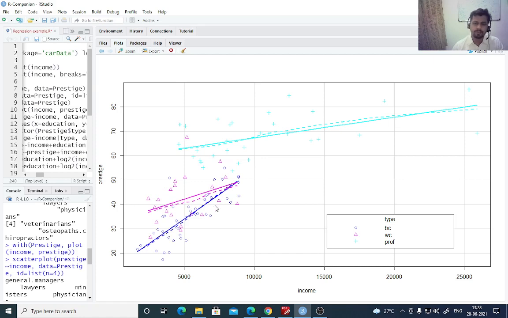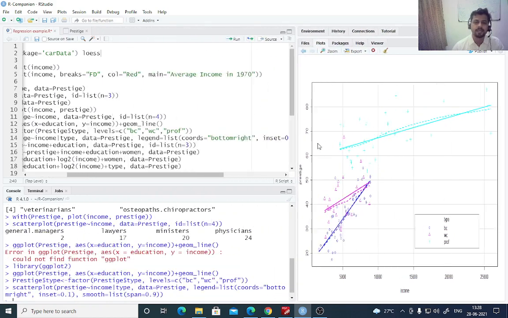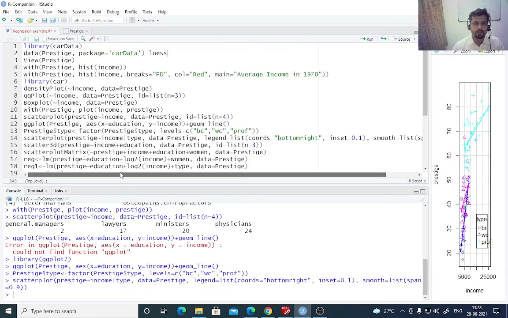You can easily verify from this graph that the steepest rise in prestige for a given change in income is for the blue collar jobs, and white collar jobs and professional services are more or less parallel. That is, for a given change in income, prestige points for these two profession types increase by more or less the same value.